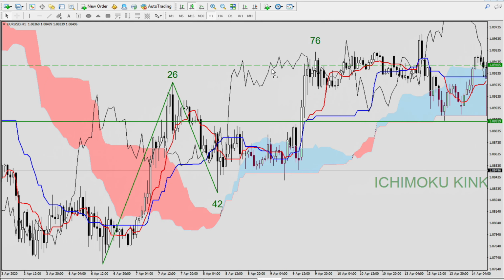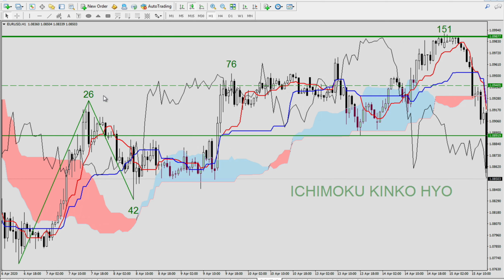And as you can see here, I've got some numbers: 26, 42, 76, 151. These are numbers from the time theory of Hosoda. And as you can see, the trend is nicely unfolding according to the time theory.